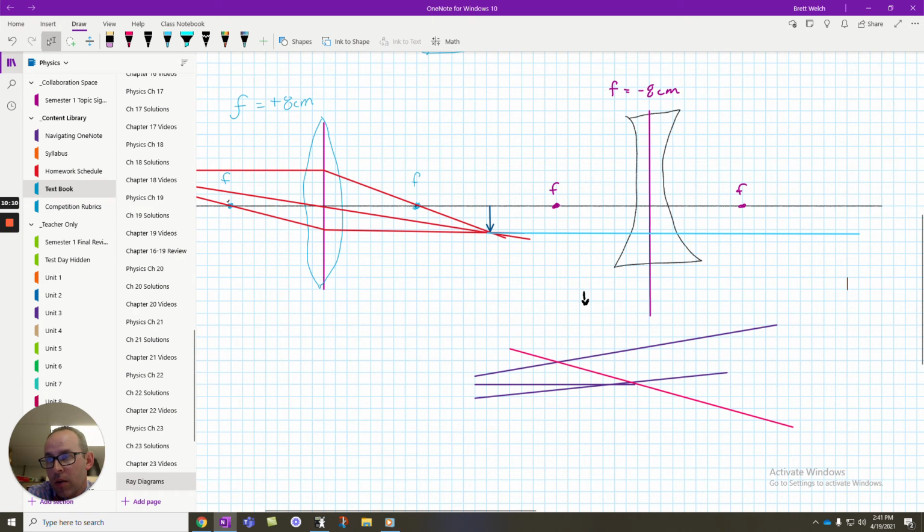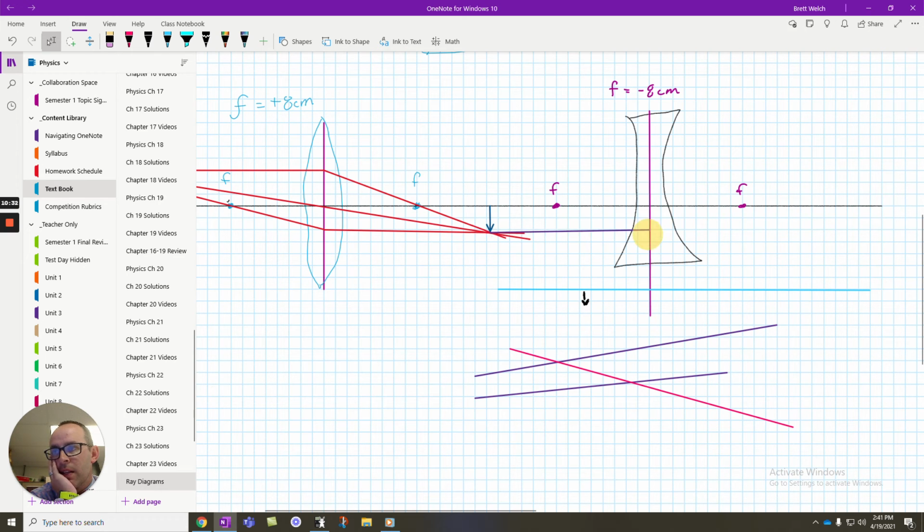So there's my parallel ray. But, oh, I'm doing the wrong one. That's why I'm having a problem. I'm going to have to use the purple. Hold on, scratch that. Let's use the purple one. All right, let's try that again. Sorry, guys. Sometimes technology is our friend, and sometimes it's a dingbat.